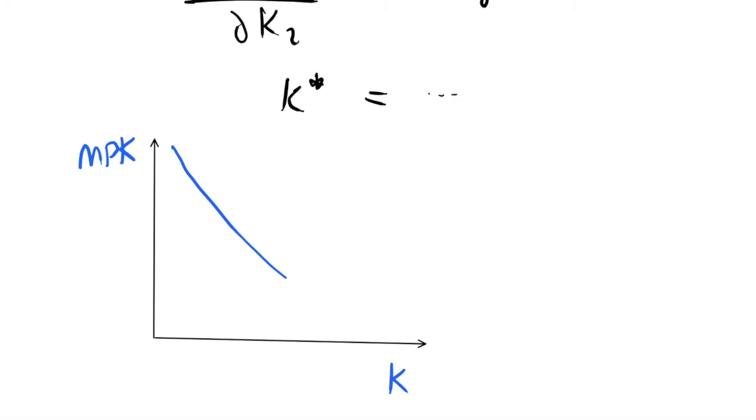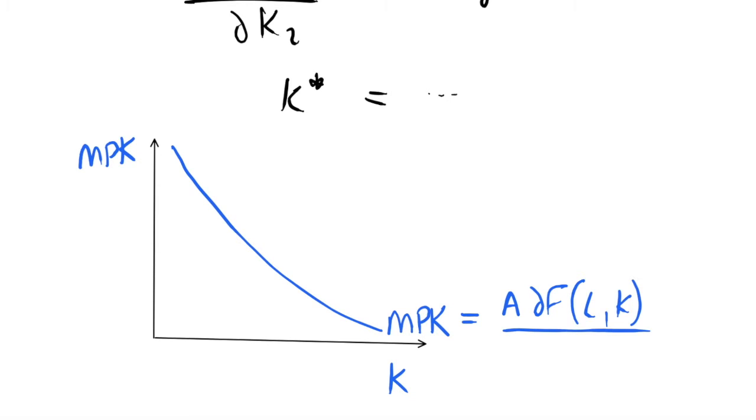So we have a downward sloping marginal product of capital curve. Why is that? Well, as we said, as we increase our level of capital invested, our marginal product of capital is decreasing. We have diminishing marginal returns. So this marginal product of capital is, of course, equal to this derivative, which I've written down plenty of times.